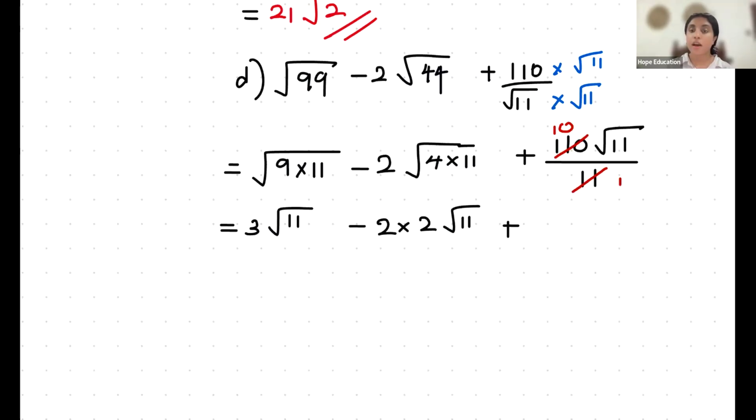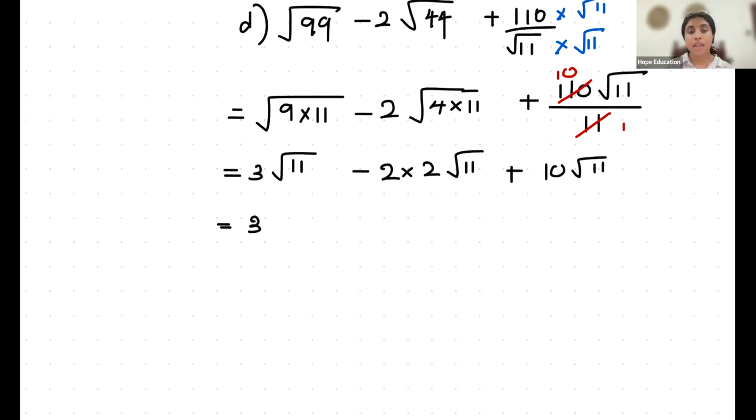So what remains is 10 root 11. So here 3 root 11 minus 2 times 2 is 4 root 11 plus 10 root 11. 3 minus 4 is minus 1. Minus 1 plus 10 is 9. 9 root 11 should be the answer.